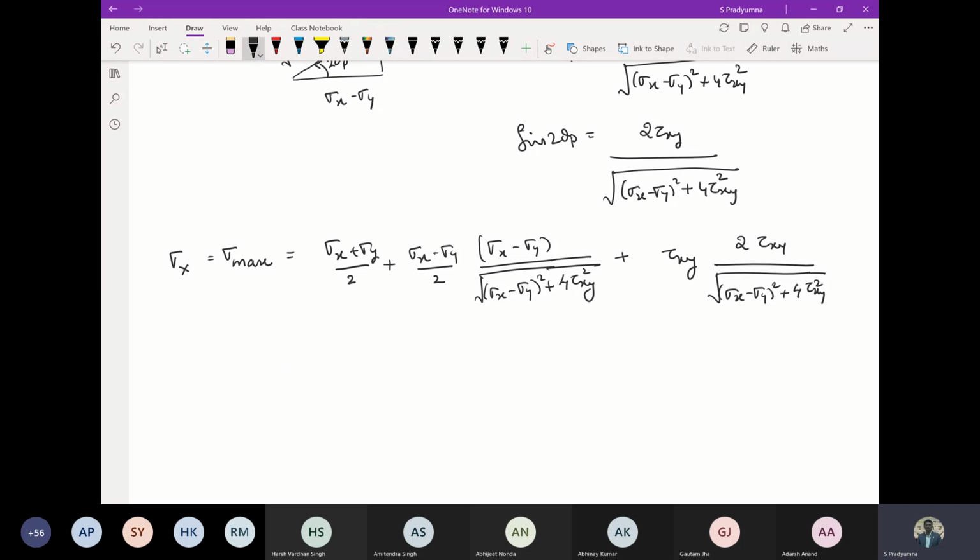Okay, I can simplify this as sigma x plus sigma y by 2 plus sigma x minus sigma y square by 2 times square root of sigma x minus sigma y square plus 4 tau xy square plus 4 tau xy square.